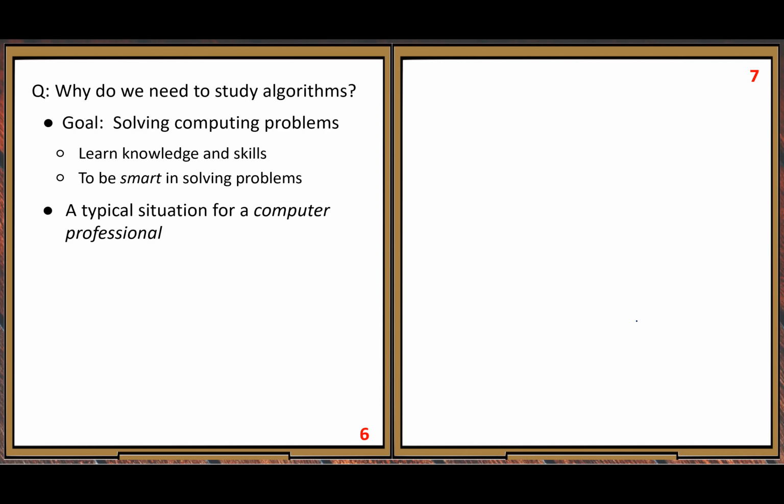Here, we look at this question from the angle of a computer professional. We are problem solvers, so we need to find a good solution to a computing problem. From that angle, how do we understand algorithms?